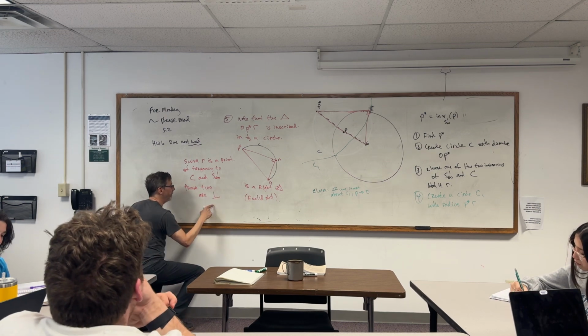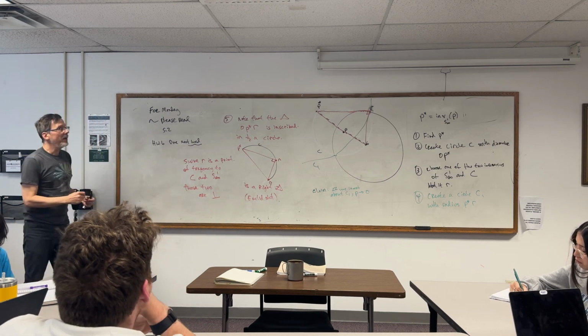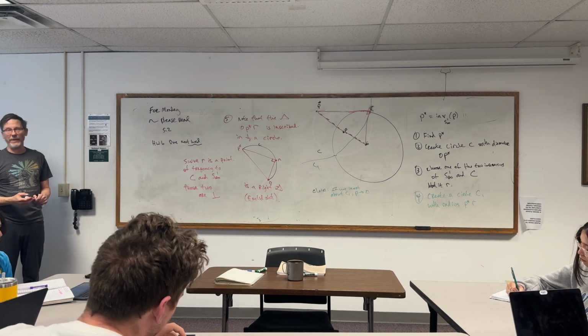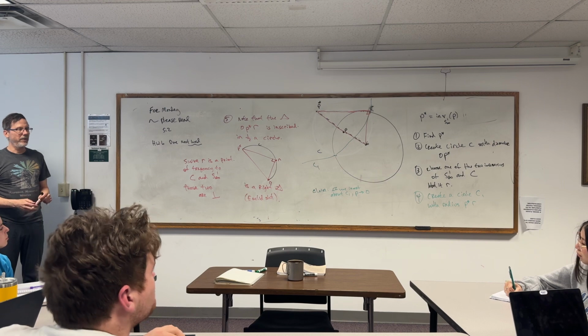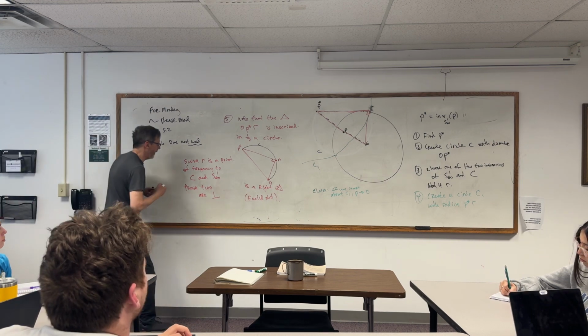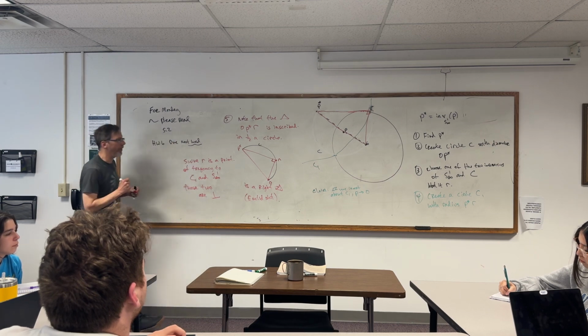I'm going to use my symbol for orthogonal. Okay. Let me stop. Tell me if that. I think it's C1, right? The green circle? Thank you. Yes, thank you. C1.